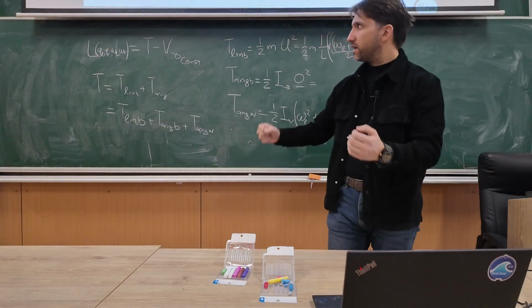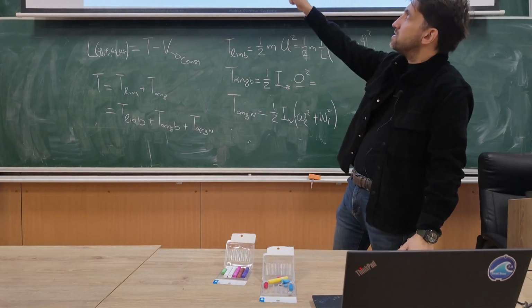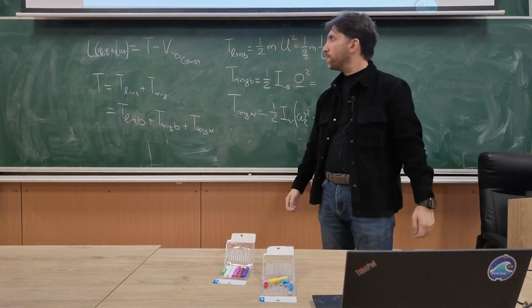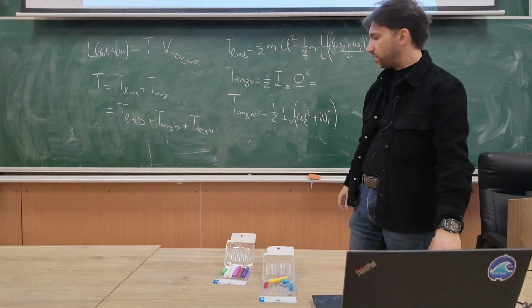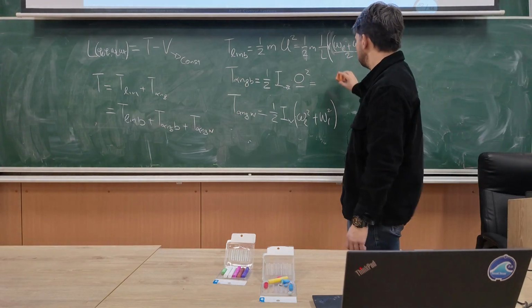All right, now that I have the Lagrangian, which is basically this minus a constant number, what do I do in order to calculate the dynamic model? The Euler-Lagrange equation.